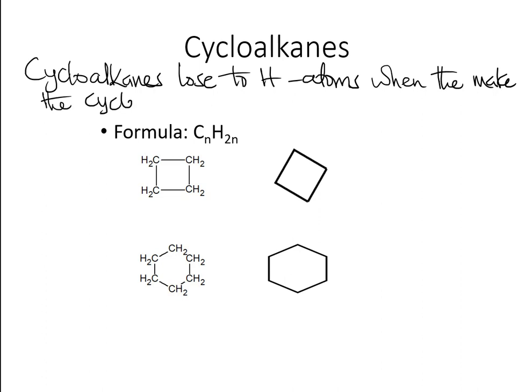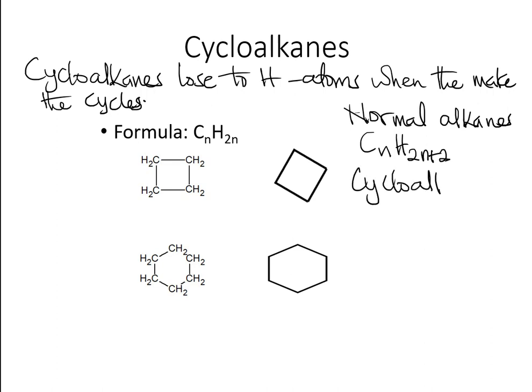So let's look at the formula. For normal alkanes, the formula is CnH2n+2. But for cycloalkanes, the formula is CnH2n, which means they have lost this 2 here.